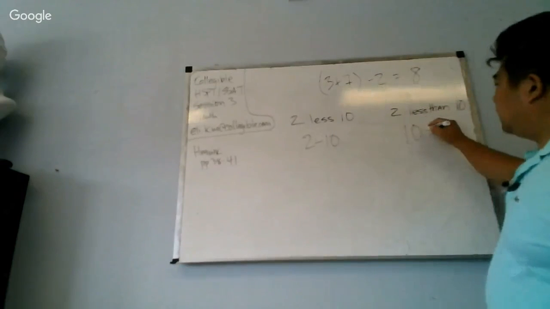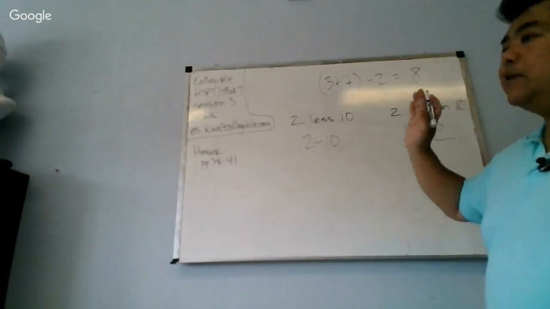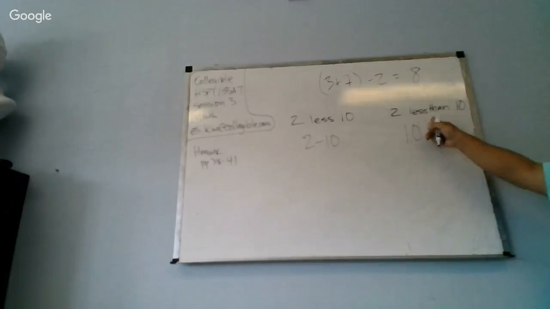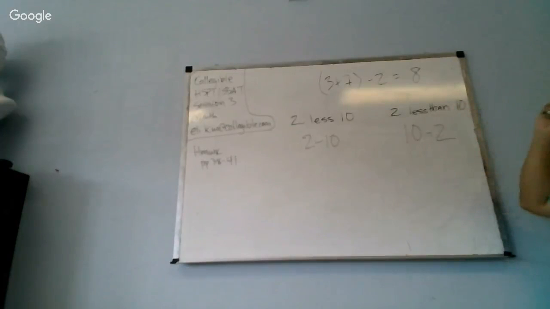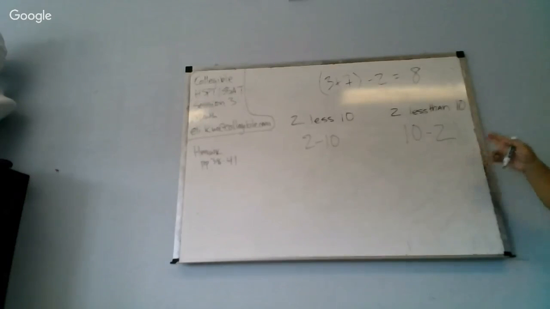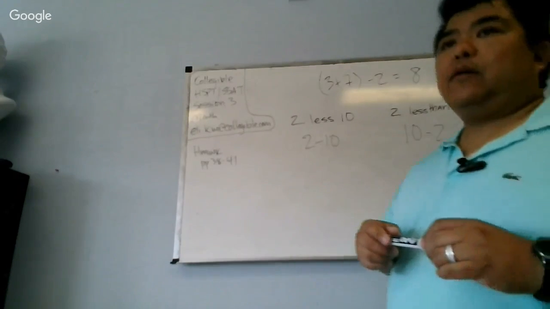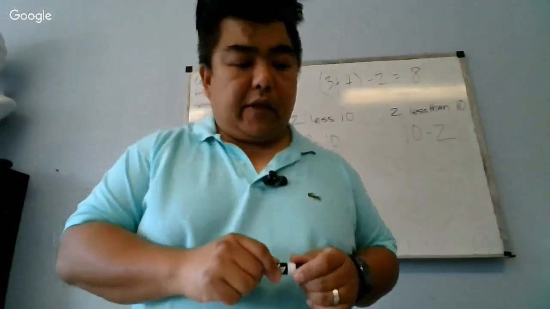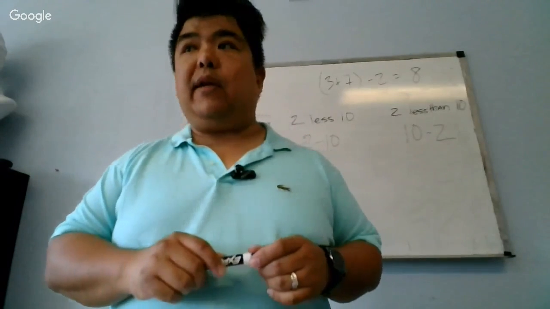That's right. So these are different by just one word here, the word than, but the format changes it completely to 2 minus 10 versus 10 minus 2. Okay? So one word can make that big of a difference. Any questions on that? You guys are all cool with it? Okay, good. Let's continue.